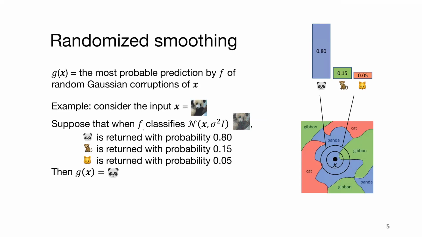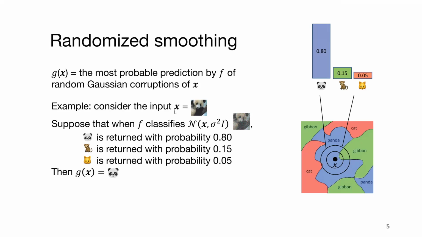So we use the base classifier with this random Gaussian corruption of the X. For example, take this panda image.